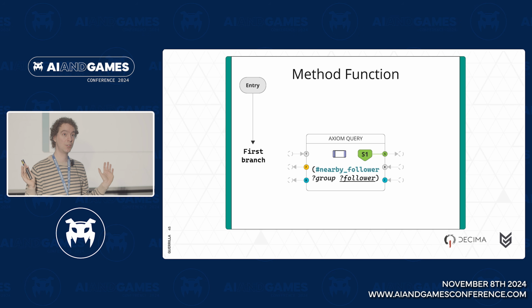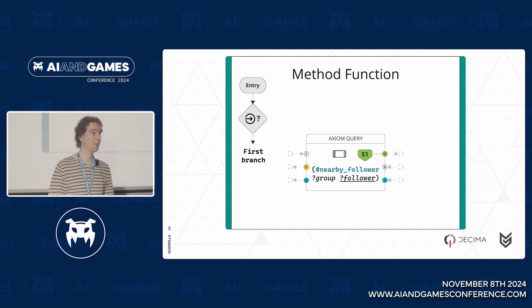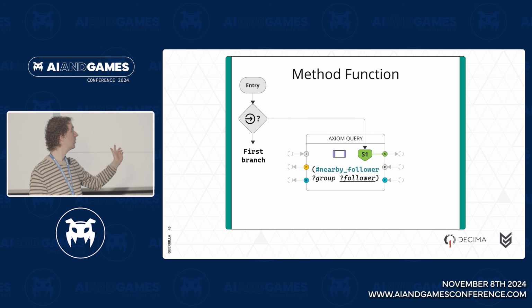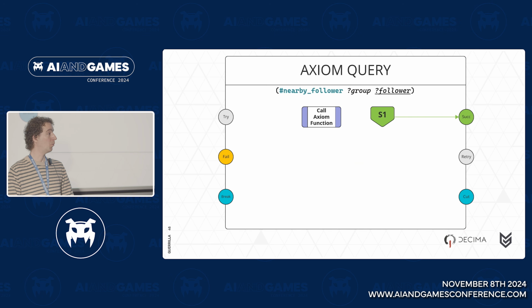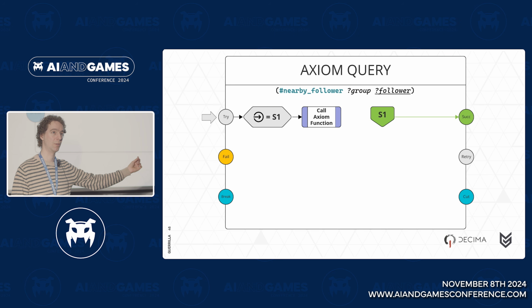So we zoom out, and now we create an alternative flow from the start, from our entry point, checking an entry label variable, and if that's set, we'll jump to the corresponding label. Now that we've done these preparations, we can zoom back in to our Axiom query, where we set this entry variable before calling into the Axiom function.